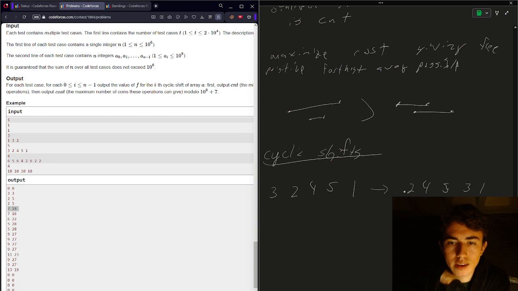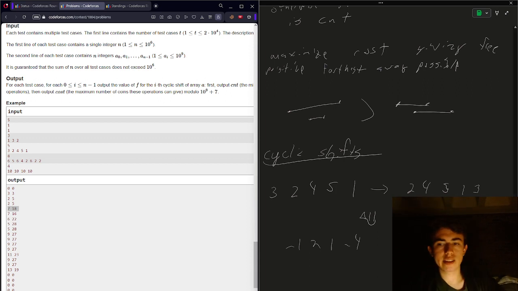Let's look at the difference array: -1, 2, 1, -4 goes to 2, 1, -4, 3.